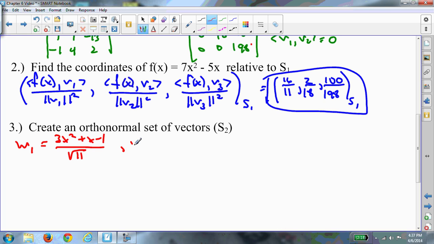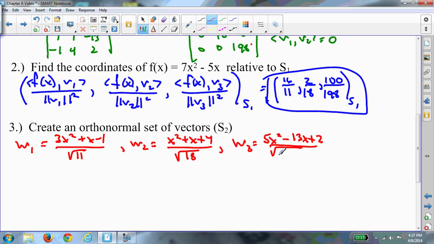W2 will equal x squared plus x plus 4 over the square root of 18. And W3 will equal 5x squared minus 13x plus 2, all over the square root of 198.